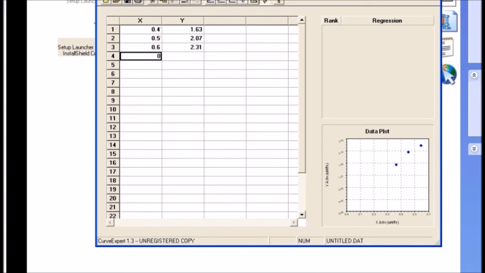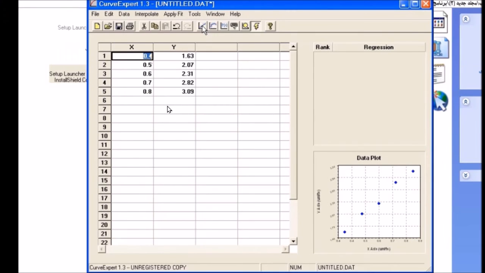The values of L and here t square, and you will see the result appear immediately at the chart.